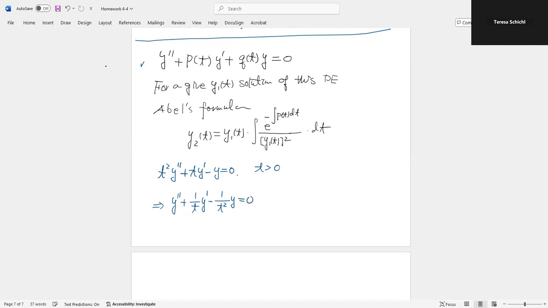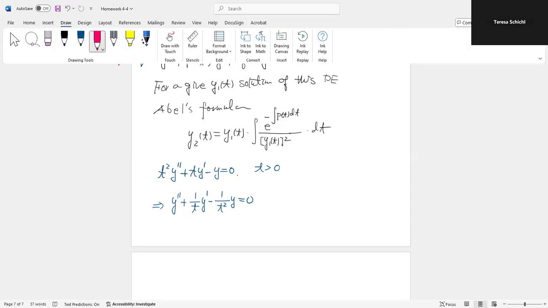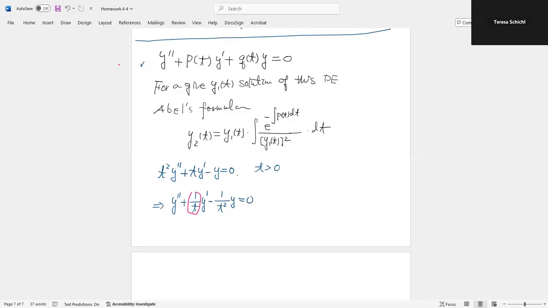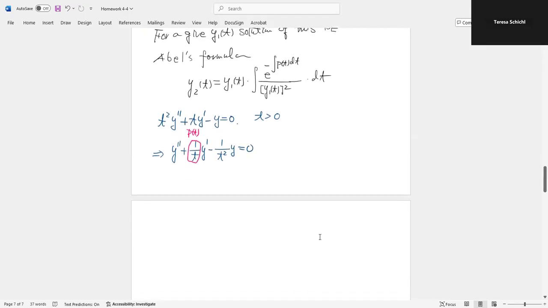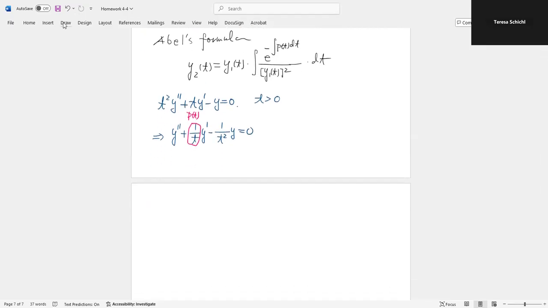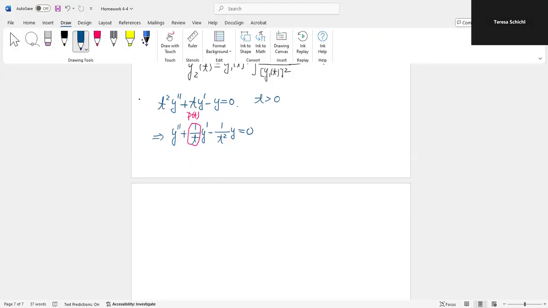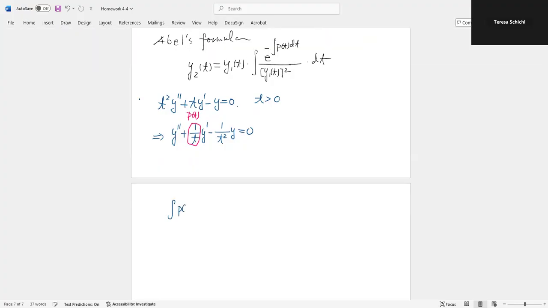Based on Abel's formula, we need p(t). This is my p(t). The first thing is to take the integral of p(t), which is pretty easy: the integral of 1 over t dt gives ln(t) plus c1.